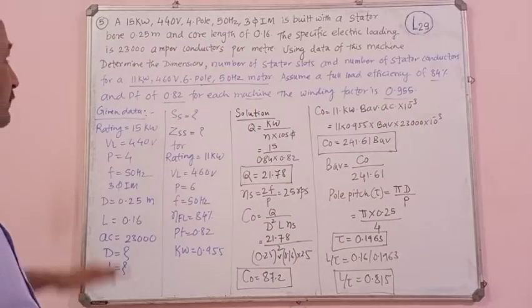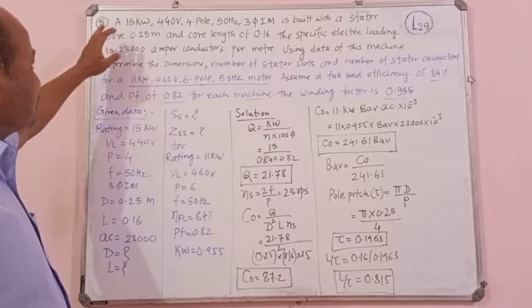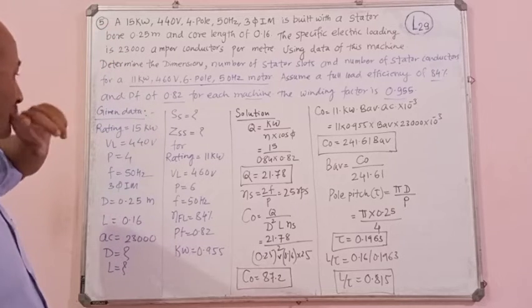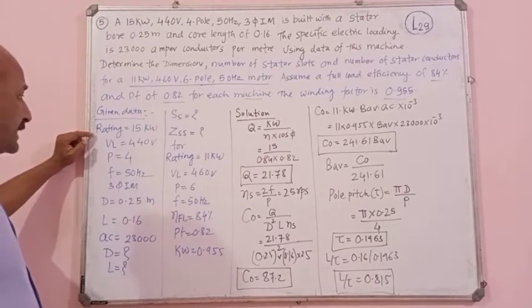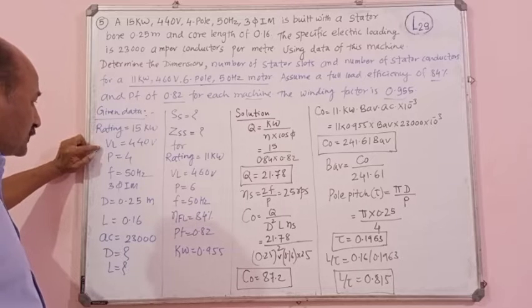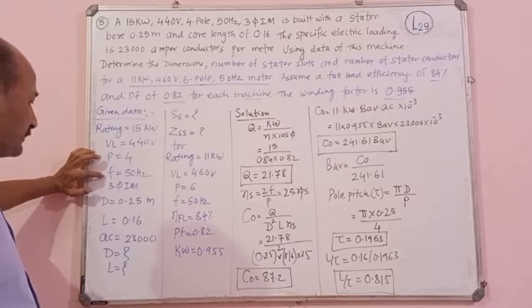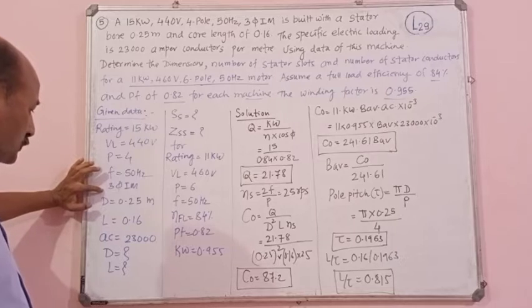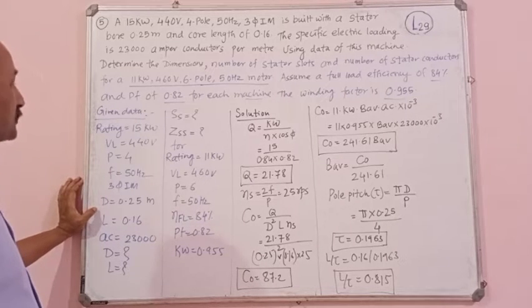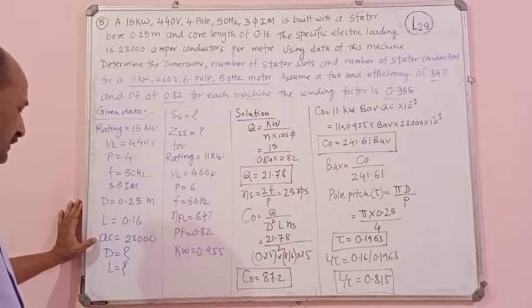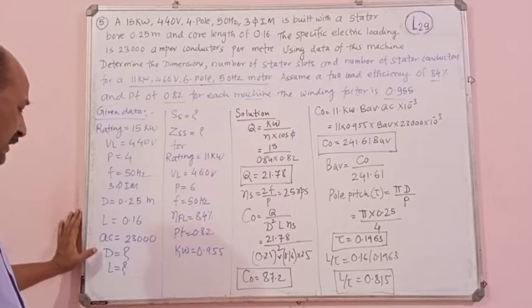So what is our first step? First step is to calculate the dimensions for the 15 kilowatt. So the rating is given: 15 kilowatt, VL equals 440, P equals 4, F equals 50 Hz, 3 phase induction motor, capital D equals 0.25 meter, capital L equals 0.16, AC equals 23,000.